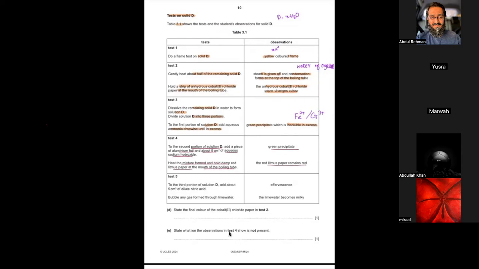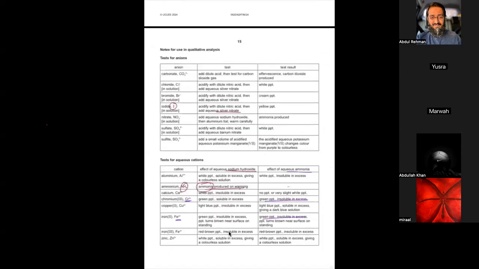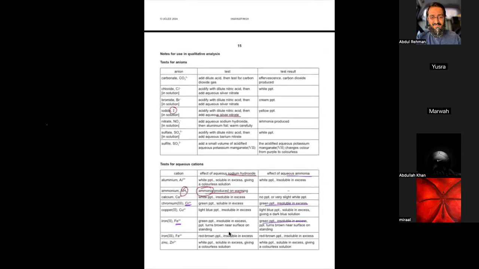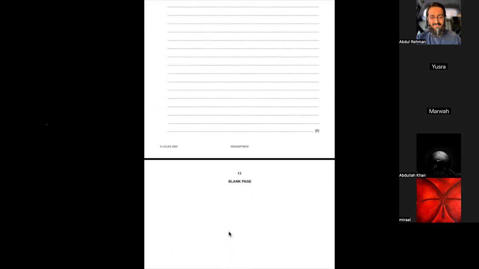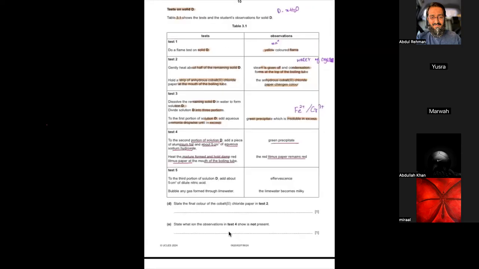The red litmus paper remains red. So on heating, it means it doesn't contain nitrate ion, because that is the test for nitrate ion. If you see over here, aqueous sodium hydroxide, aluminum foil, warm carefully, ammonia is produced. Ammonia turns red litmus blue, but the red litmus stays red. So it means no ammonia is produced and no nitrate ion. So no nitrate ion.